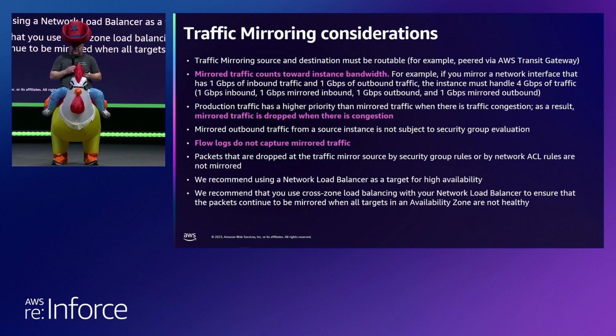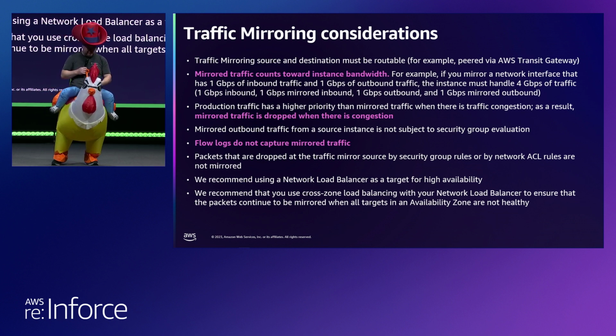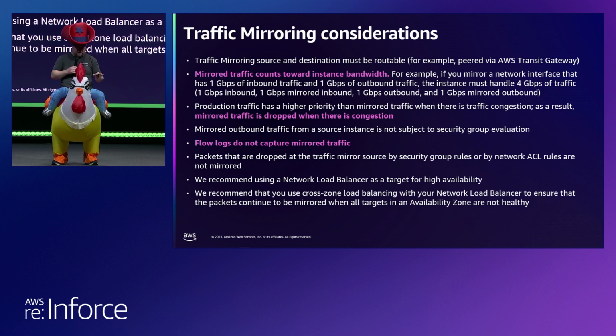And this is sort of a weird one, but it's because of where that security group evaluation is implemented, right? So just keep in mind that if you've got a security group that is blocking, or ACLs that are blocking for your VPC, you're going to lose some visibility.